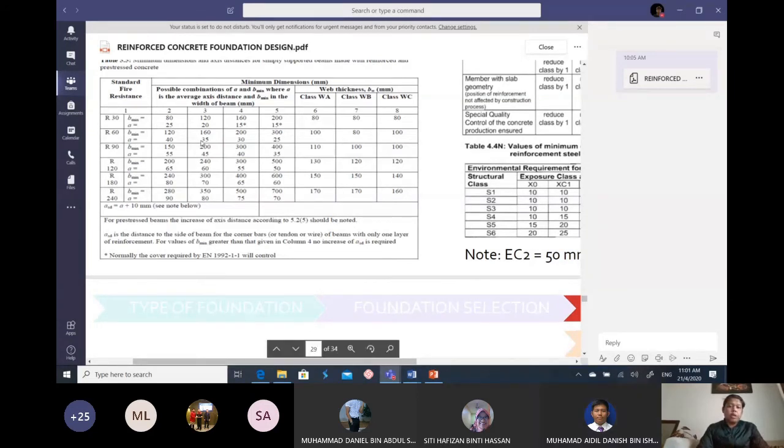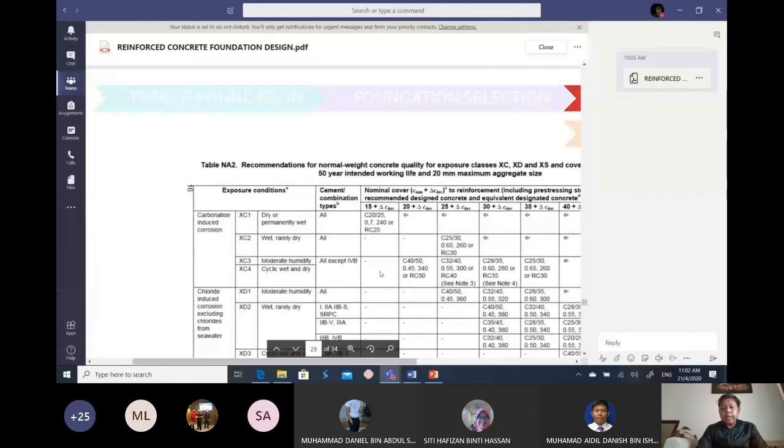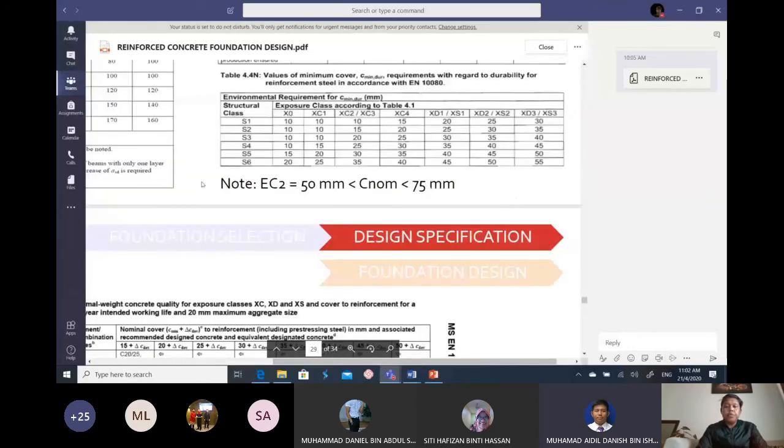Although the requirement here is 30 mm, you have to follow also the minimum based on the Eurocode.